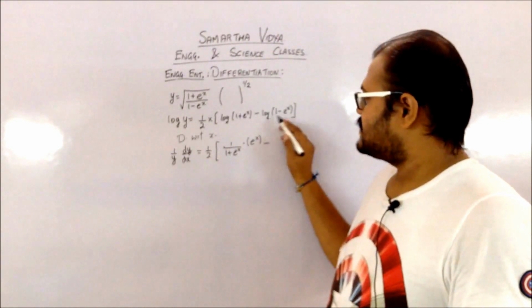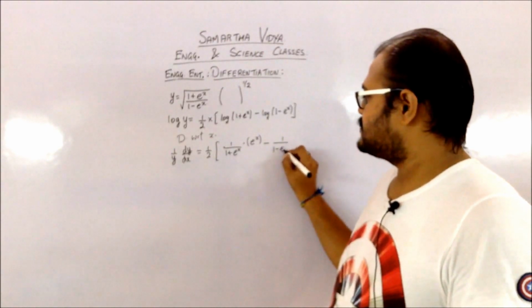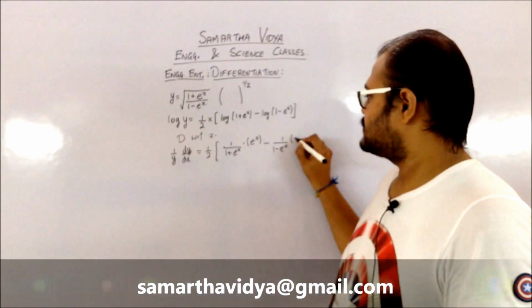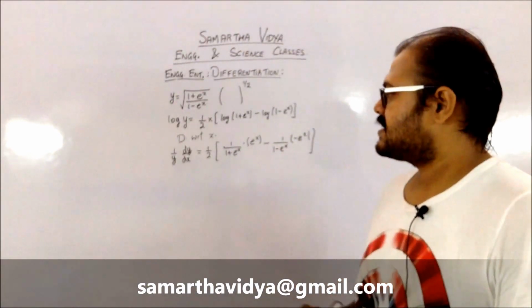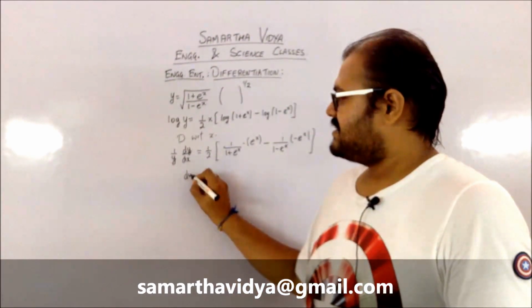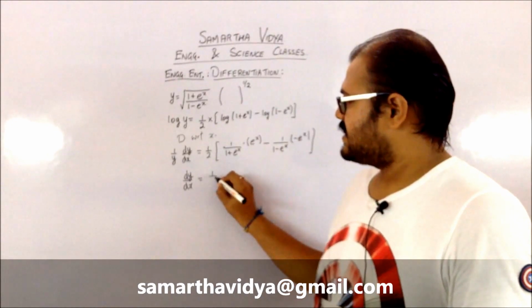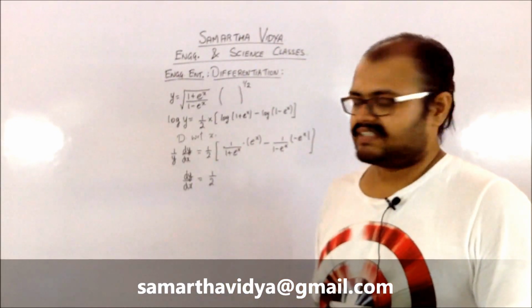So you can see that it is again a log of that thing. So it is 1 minus e raised to x into the derivative of minus e raised to x, that's minus e raised to x. So you will be having your dy by dx is equal to, you can have the half outside, and you can even take the e raised to x term outside.